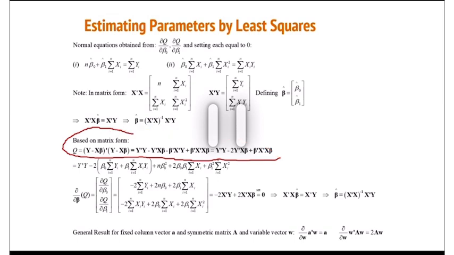The other time we arrived at y prime y minus beta prime X prime y, plus that. Of course, if you want to have it in several forms, this is also showing a different way of figuring it out. This is another way of figuring it out.